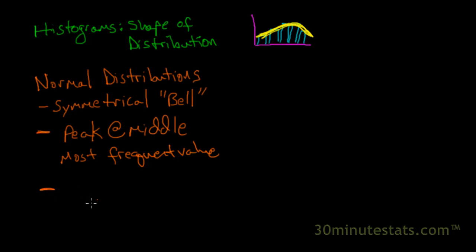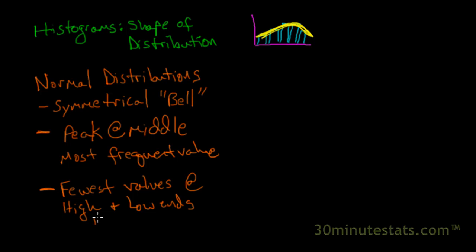And then they'll have the fewest values at the high and low ends, and these are called the tails. So you've got a peak in the middle, and then you've got tails on the left and the right.